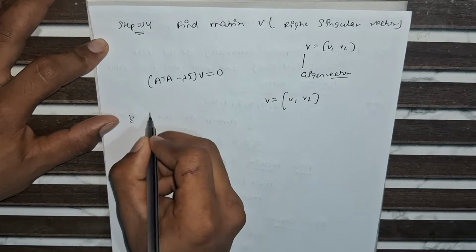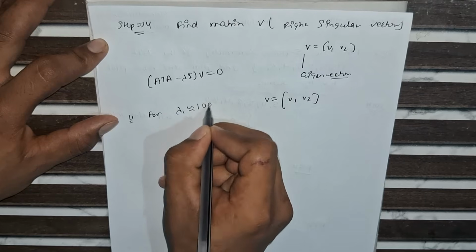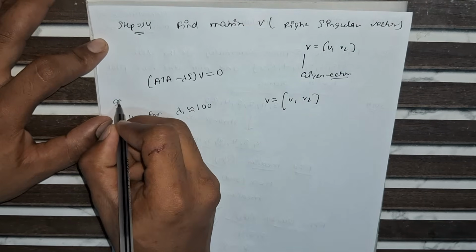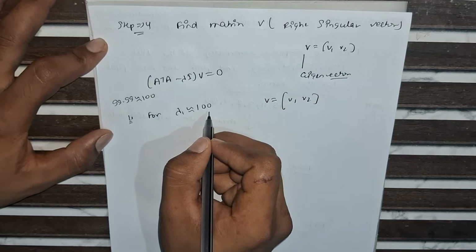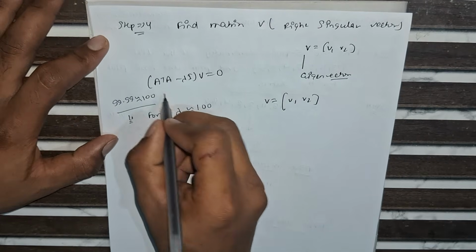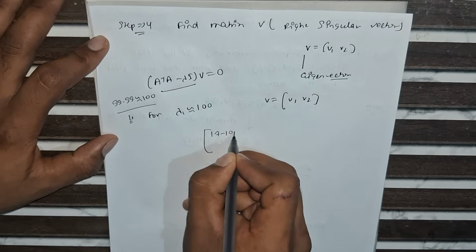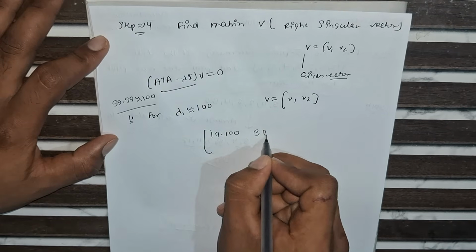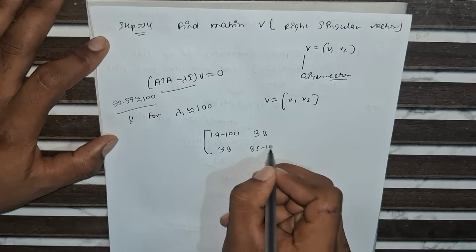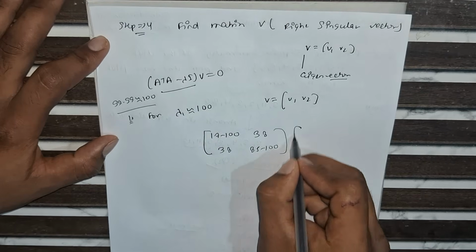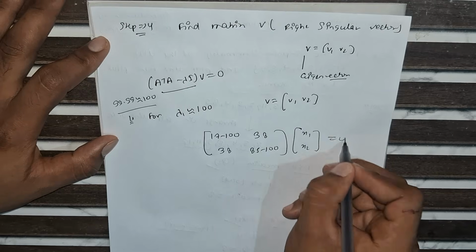Now we are solving for lambda 1, which is nearly equal to 100, because 99.99 is nearly equal to 100. That's why I am taking lambda 1 nearly equal to 100. Now solve this equation, which is 17 minus 100 and 38, this is 38, and 85 minus 100, and x1 comma x2 equals 0.